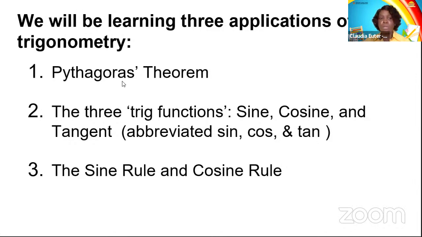You must know Pythagoras' theorem. You must understand the three trig functions, the sine, the cosine, and tangent. And I think you all know me saying sine, cosine, tan. You must also know the sine rule and the cosine rule. And when we say know, we mean you should know when to apply.